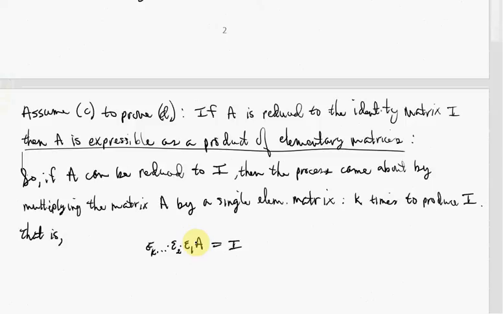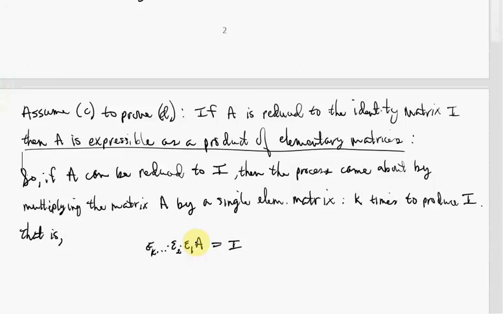Well, that's the assumption. I haven't proven anything. To prove that I can write A as a product of elementary matrices, how do I do that? In other words, get A by itself.